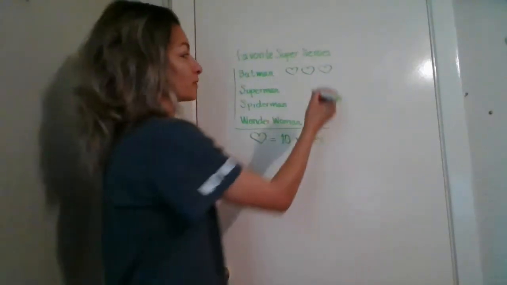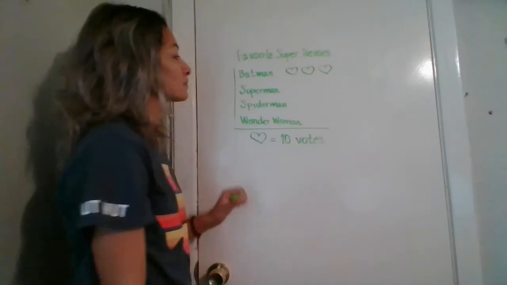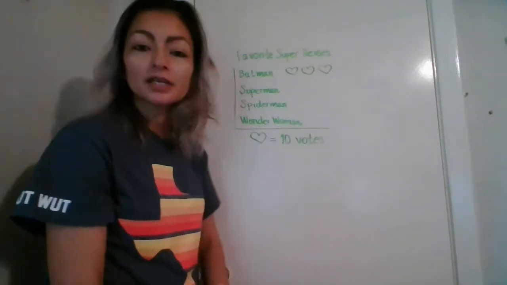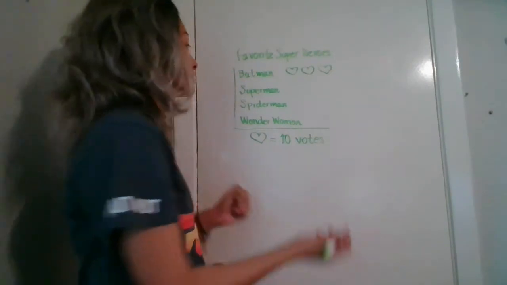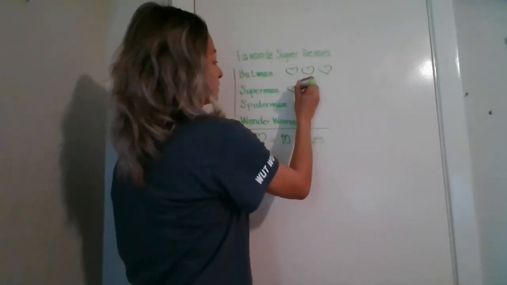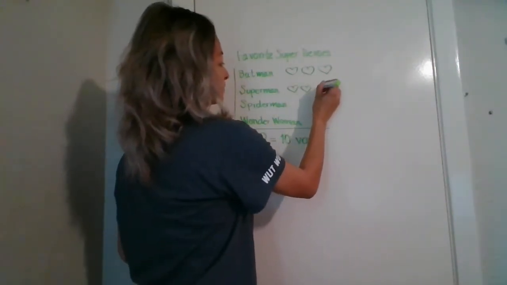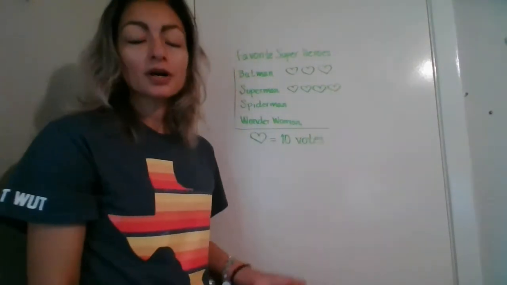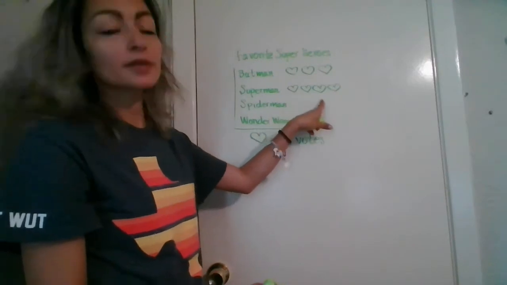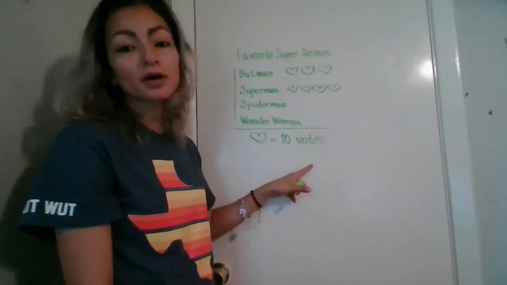Those are my 30 votes for Batman. If they tell me that Superman got 40 votes, then I have 4 hearts because each one of them represents 10 votes.